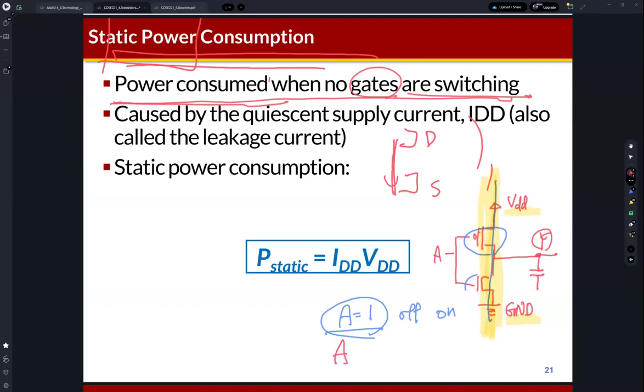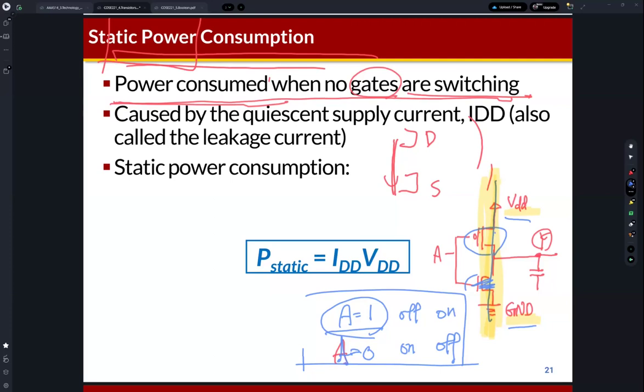Inversely, when A equals 0, the PMOS transistor is on, and the NMOS transistor is off. So the NMOS transistor is disconnected, and VDD is not connected to the ground. This is the ideal behavior of the PMOS and NMOS transistors.